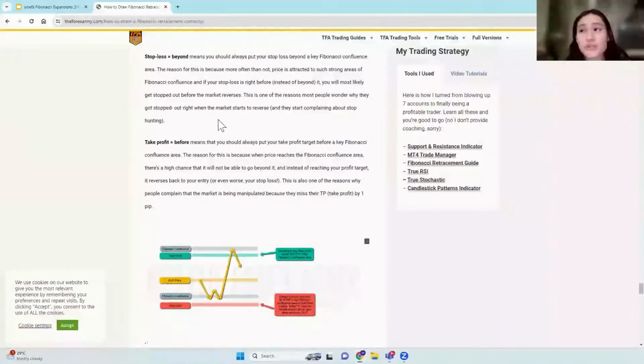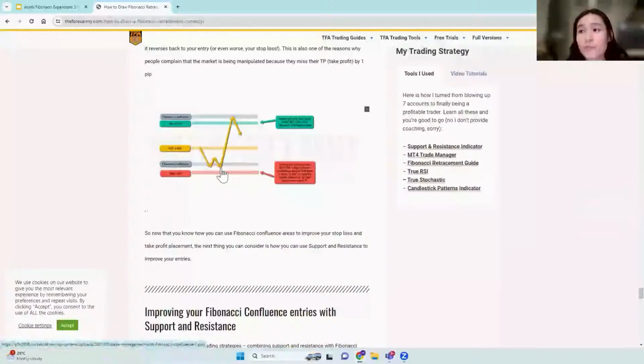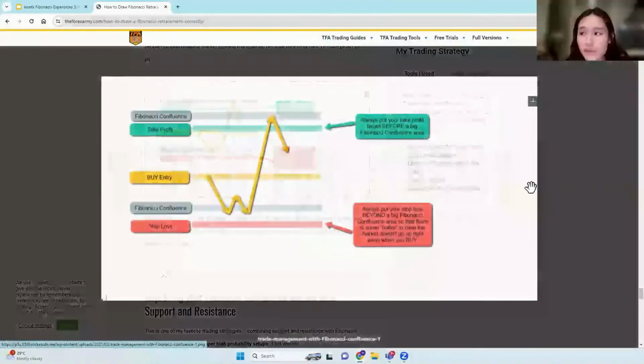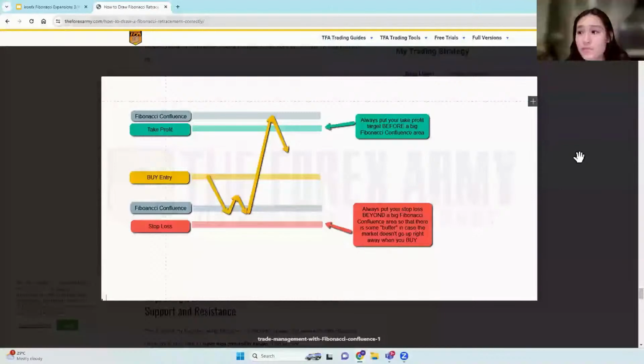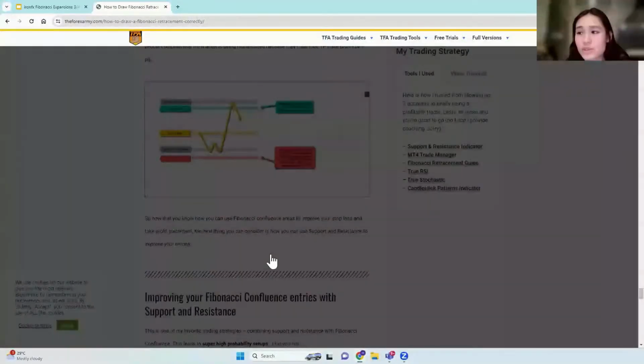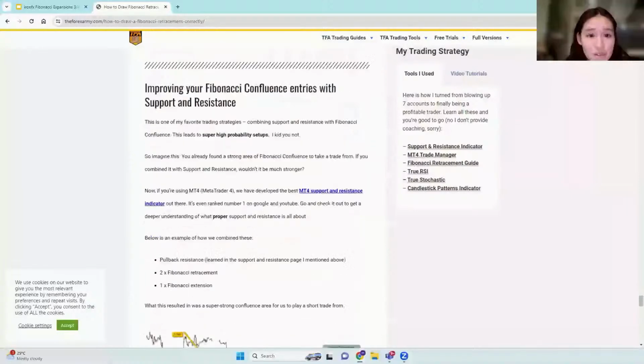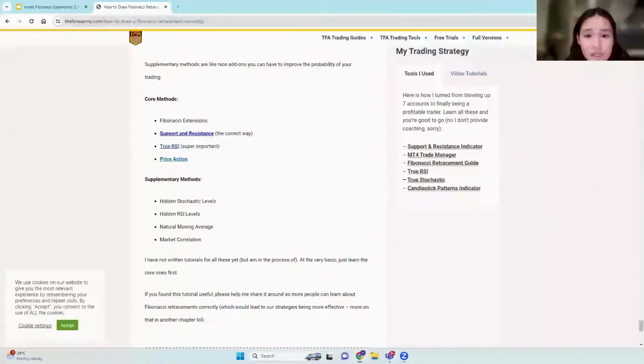So you place your stop loss beyond, take profit before. This is quite an important concept that we'll talk about at the end as well. So just wanted to briefly mention that if you're just starting out, and maybe I'll just pop it into the chat.